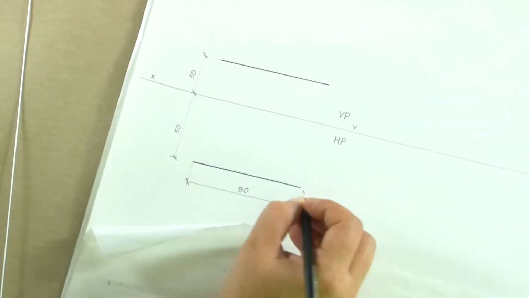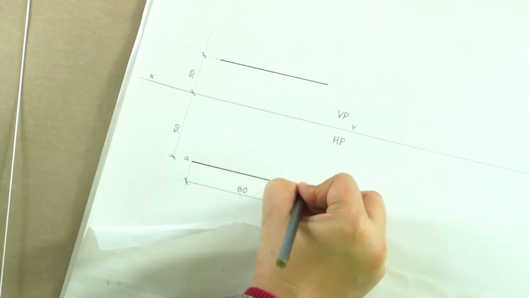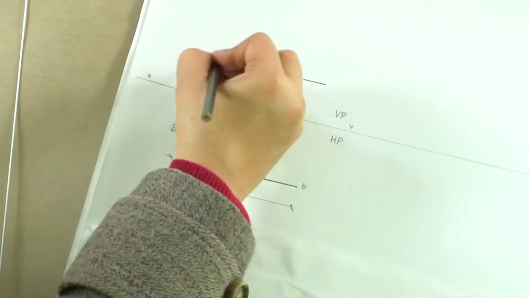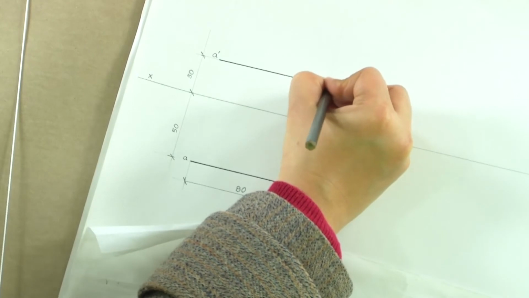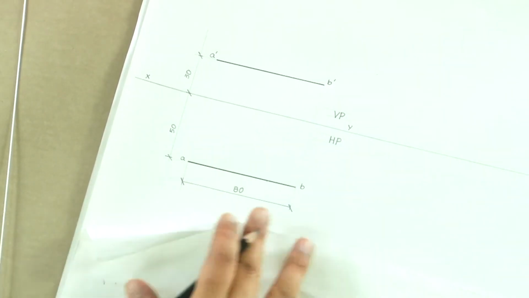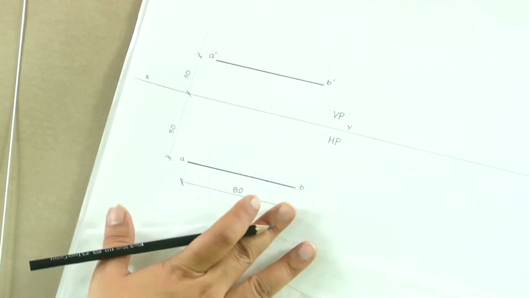If the line is, say, AB, we write A, B here, and in elevation it will be mentioned as A dash, B dash. This is our projection of the line, given by the conditions defined here. This is a line which is parallel to both the planes and is not contained by any of the planes.